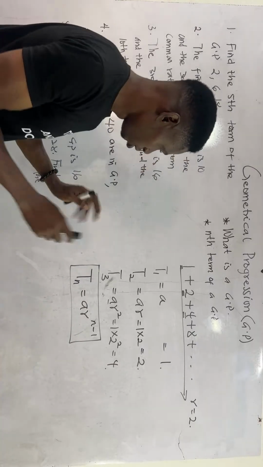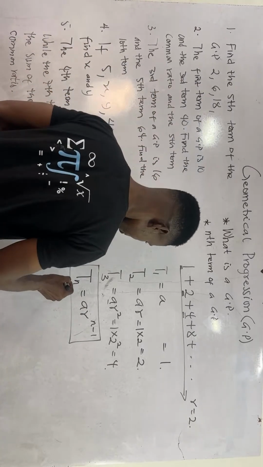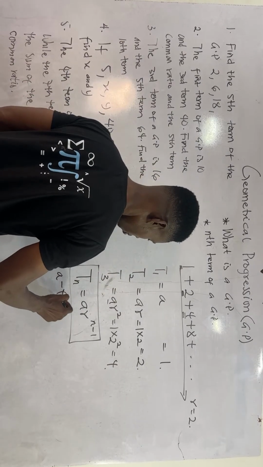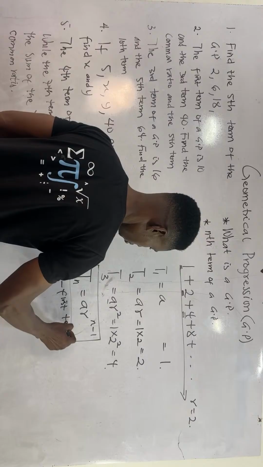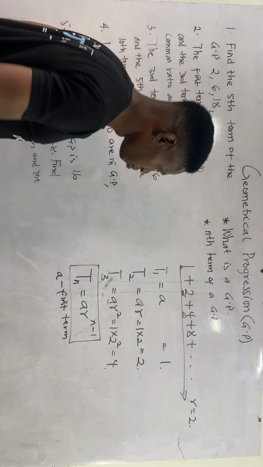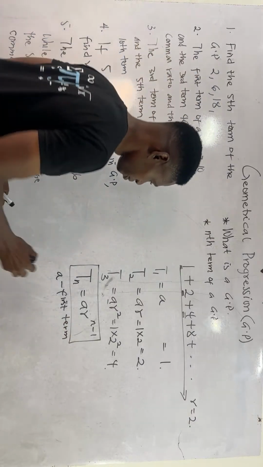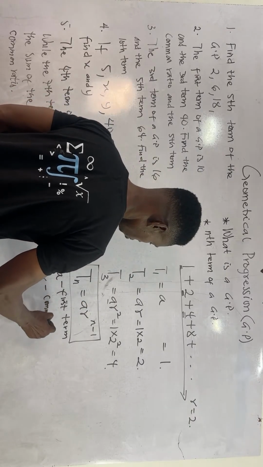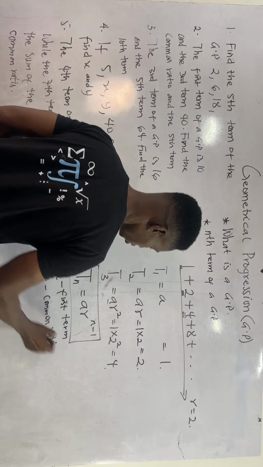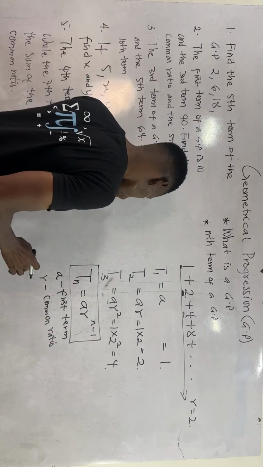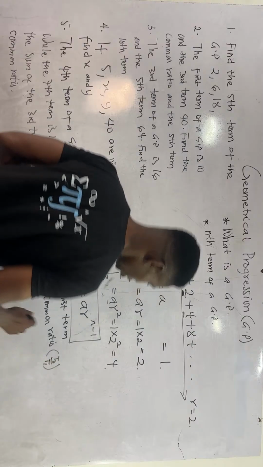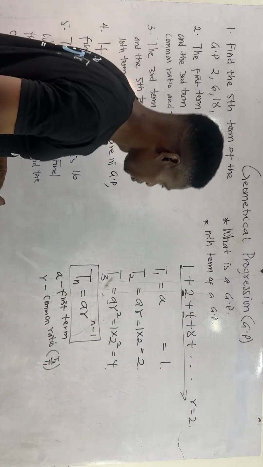Now let me give you what constitutes this formula. A is the first term, that's obvious. R is the common ratio, that's T2 over T1, or T3 over T2.